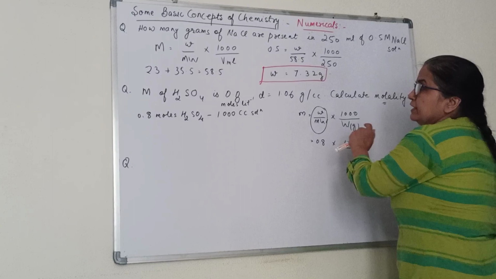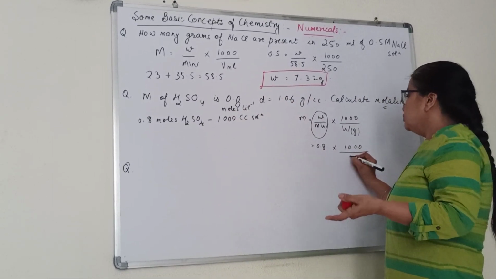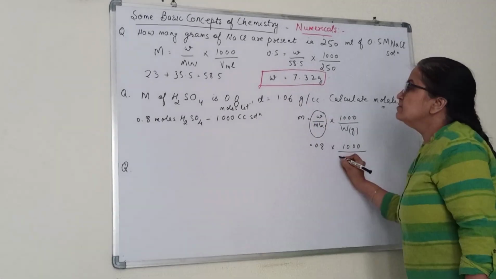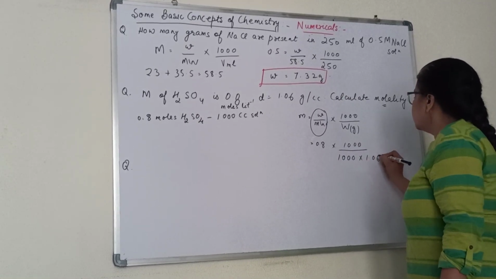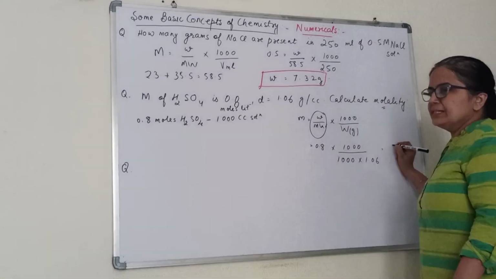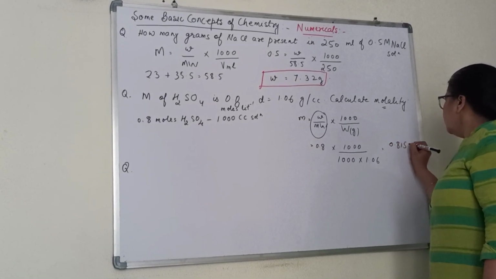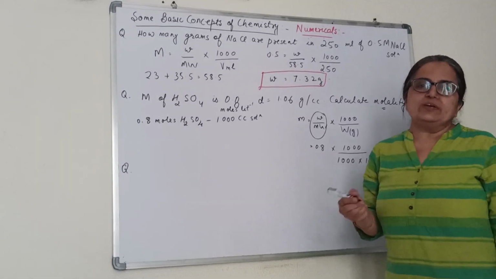We don't know the weight. Instead we know the volume and the density. So what is the weight? Weight is equal to volume into density. So we will have this volume, that is 1000 multiplied by 1.06. If you solve this, you will get the answer as 0.815 molal, moles per kg also we can call it.